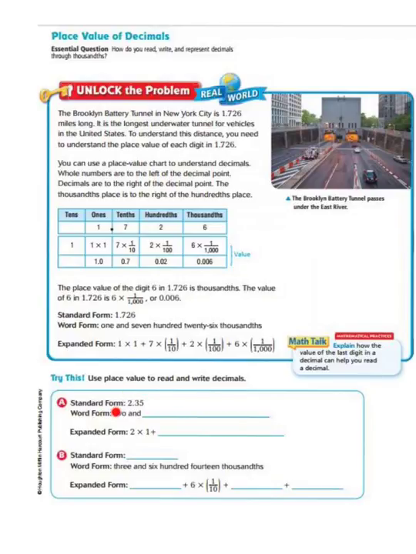So it says to use place value to read and write decimals. Our standard form is 2.35. Our word form is 2 and, where the and stands for the decimal, 35 hundredths. And remember, hundredths ends in TH.